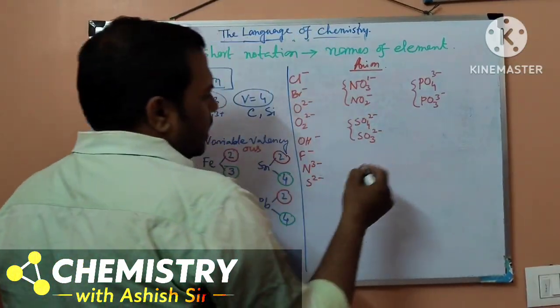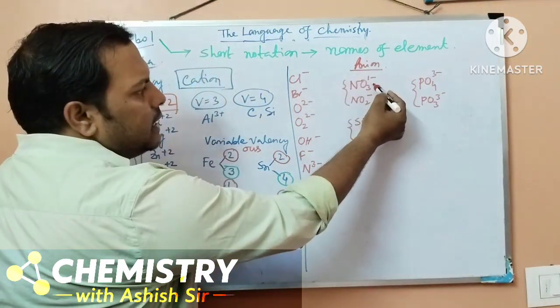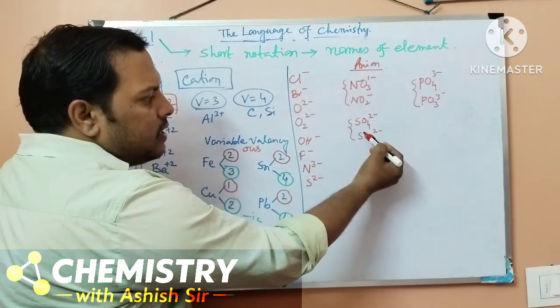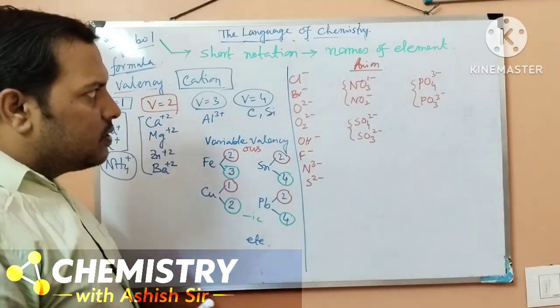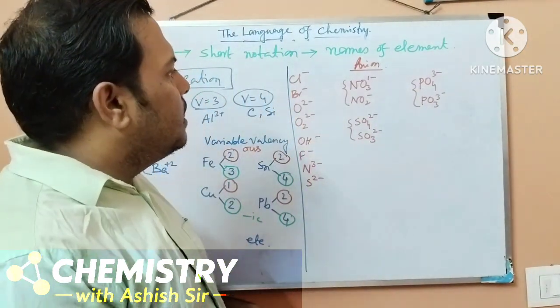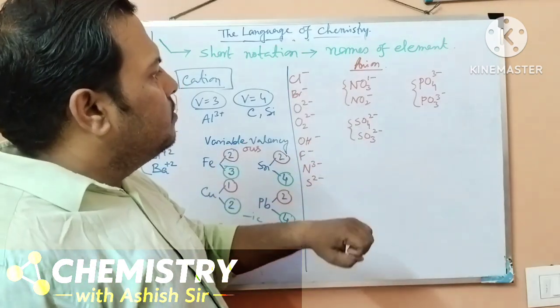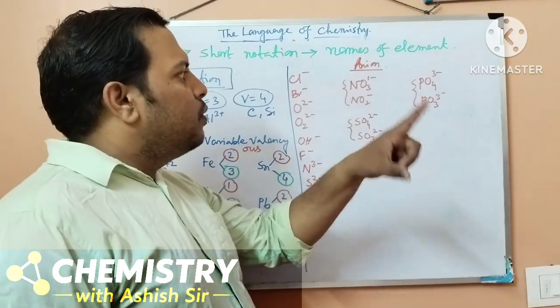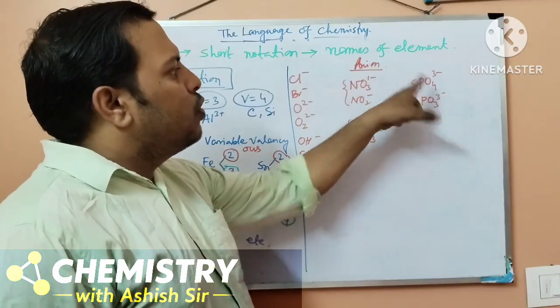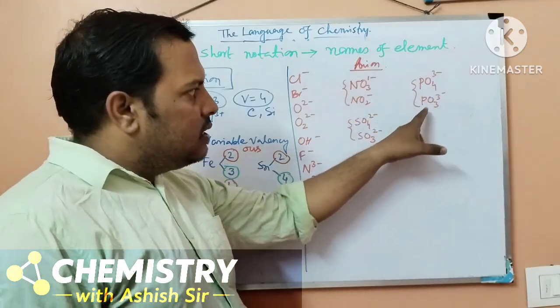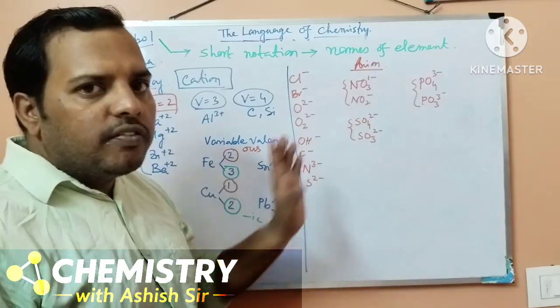In this way, these are nitrate, nitrite, sulfate, sulfite, phosphate, phosphite. One tricky thing is there: once you remember them, the one ending with -ate has one oxygen more. Nitrate 3 oxygen, nitrite 2 oxygen, phosphate 4 oxygen, phosphite 3 oxygen, sulfate 4, sulfite 3.